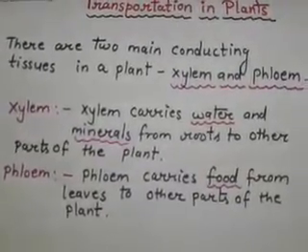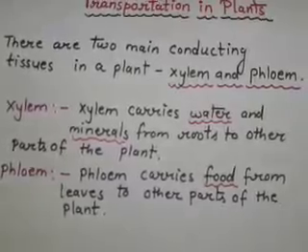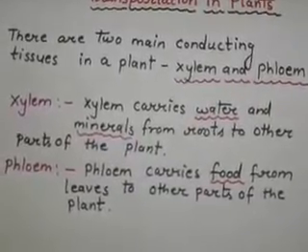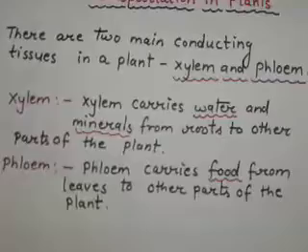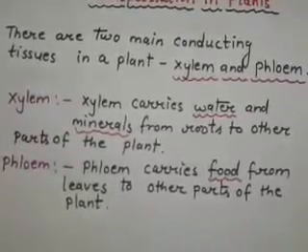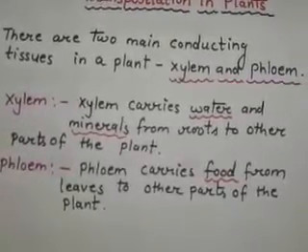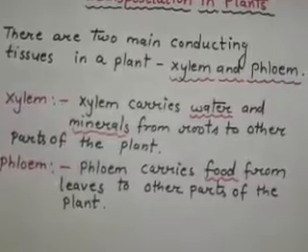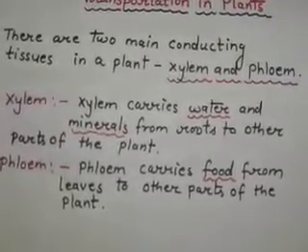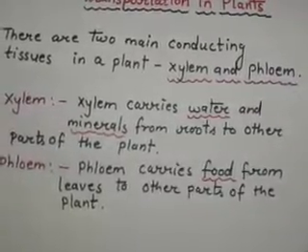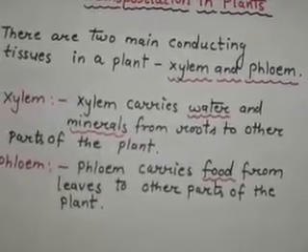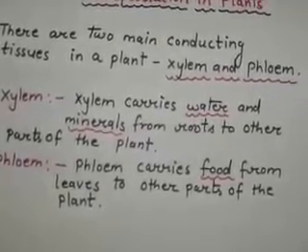There are two main conducting tissues in plants, that is xylem and phloem. In plants, what are these vehicles or organs that help them to carry food, water and minerals from one place to another?